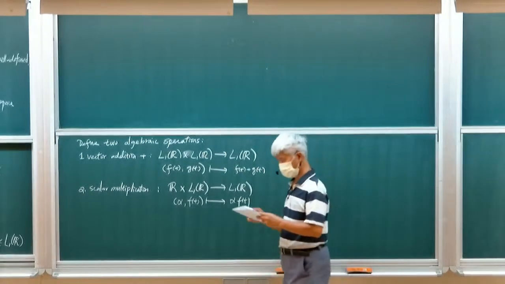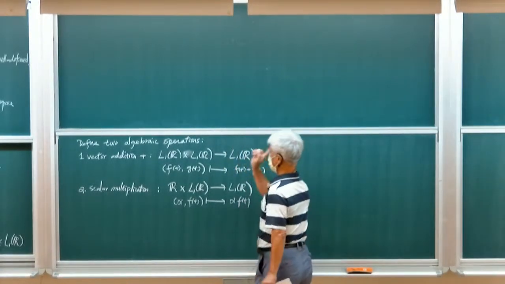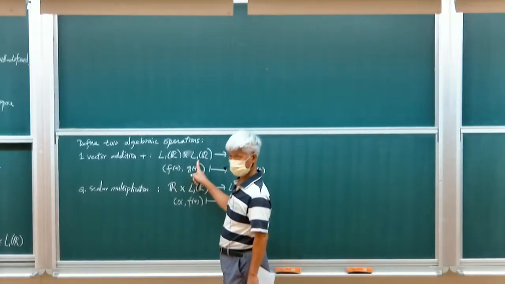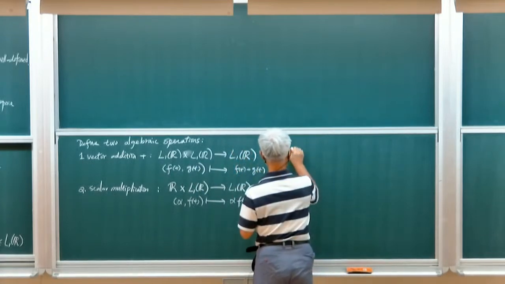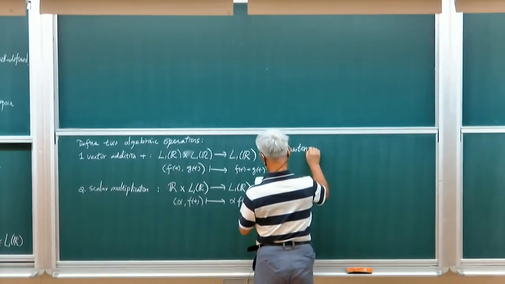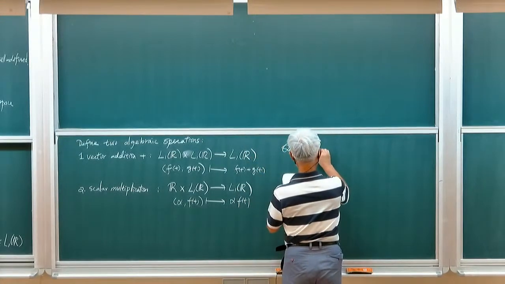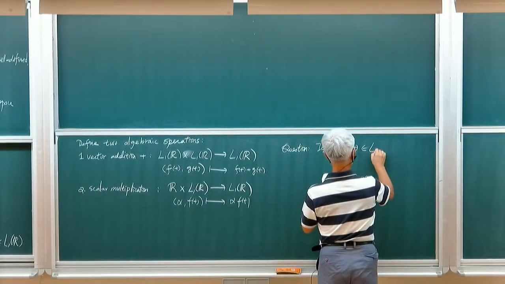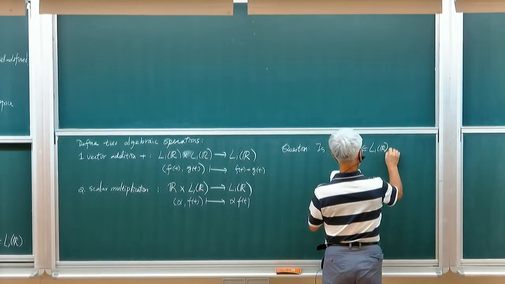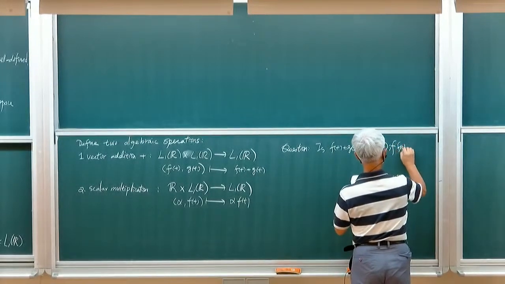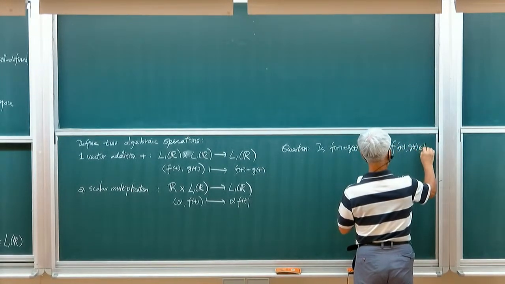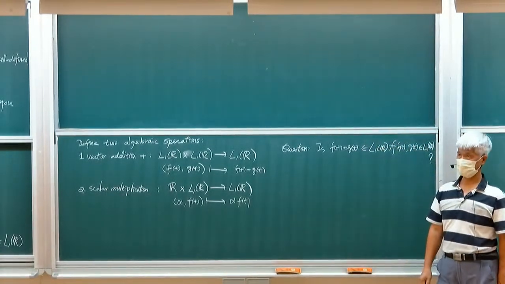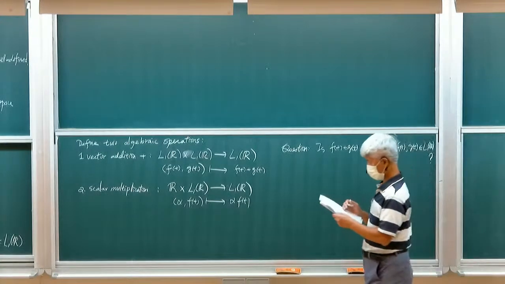But we have two questions to ask. f(t) is in L1(R), g(t) is in L1(R). The first question is: is f(t) plus g(t) in L1(R) if both f(t) and g(t) are in L1(R)? You have to answer this.